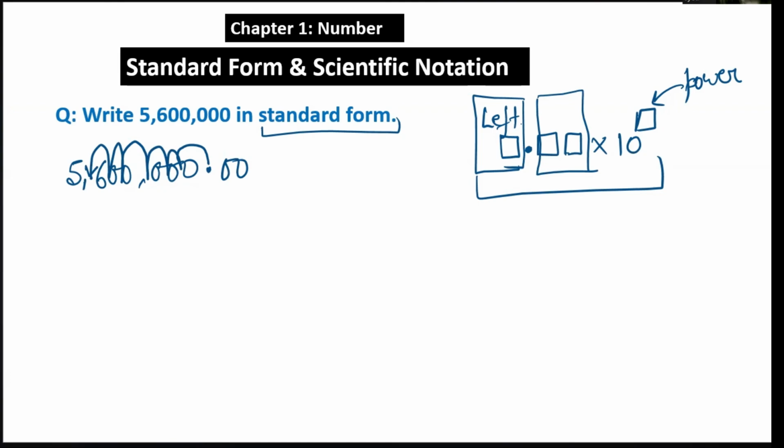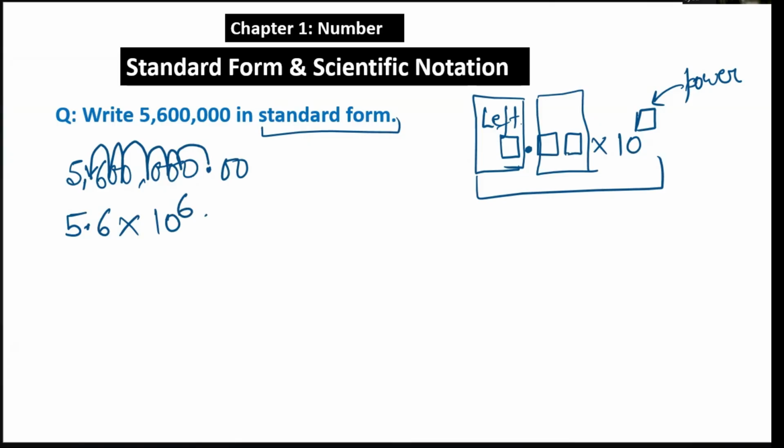Now this decimal is shifted after 6 digits, so it would be 5.6 and 10 to the power how much? 6. Why? Because there are 6 jumps.